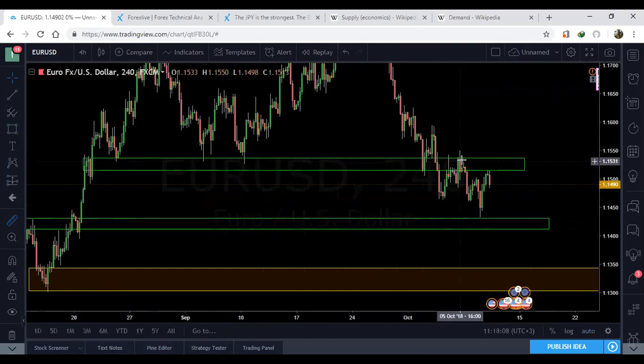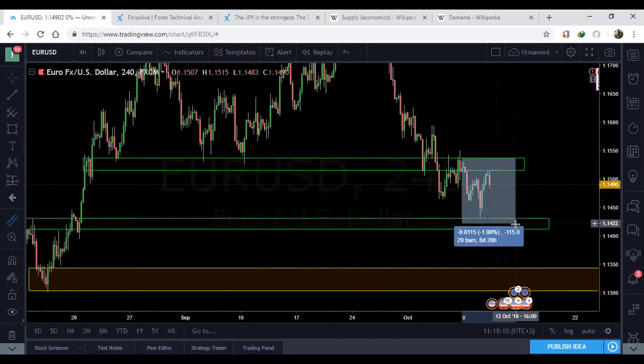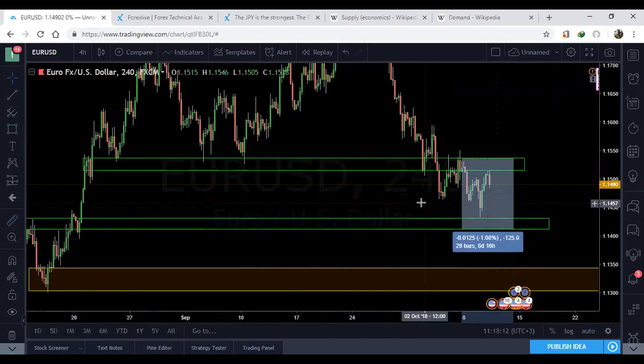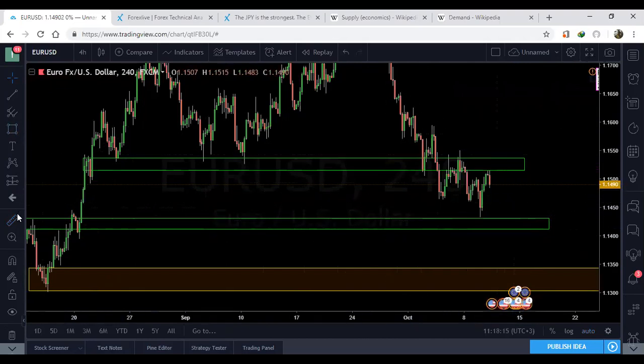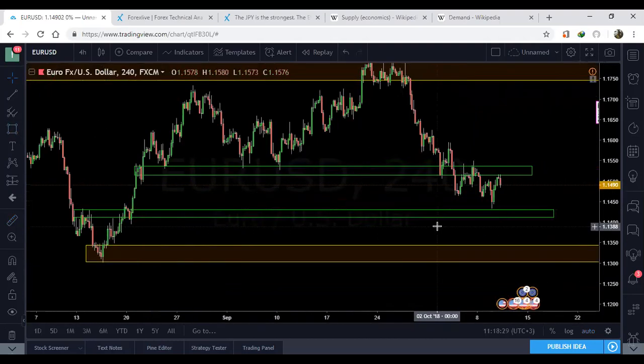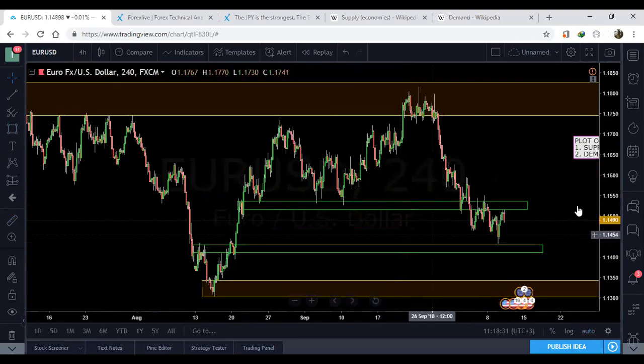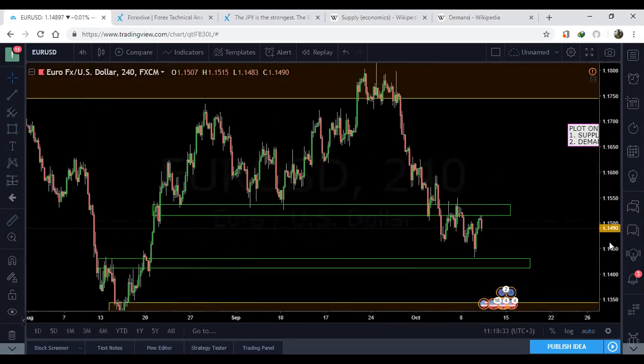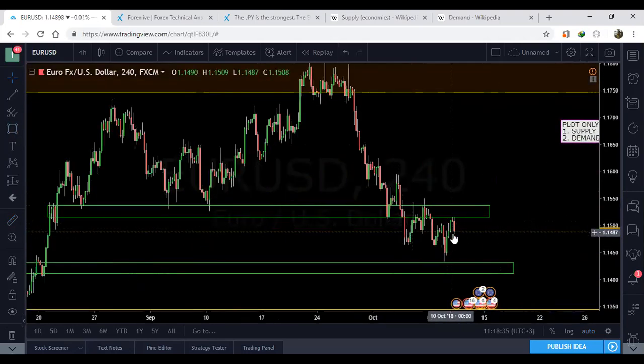So we can see from this zone to this zone, we have 120 pips. That is valid. That zone will hold. Then from this zone to this zone, we have 123 pips. So this is valid. We don't want our charts to be dirty and so on. So that is simply how to know the major and the minor zones.